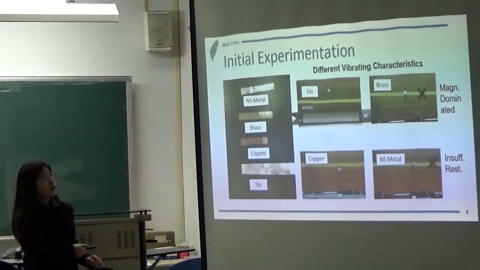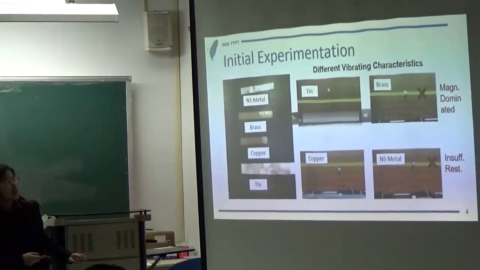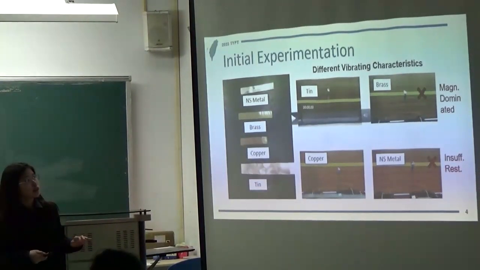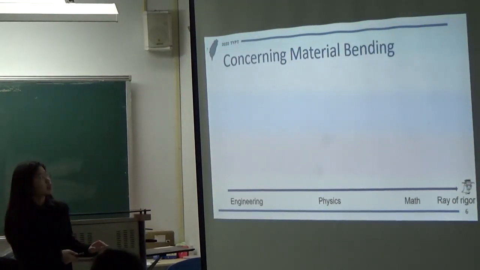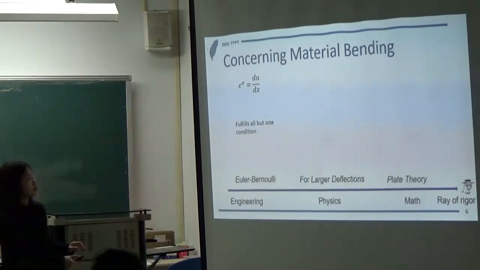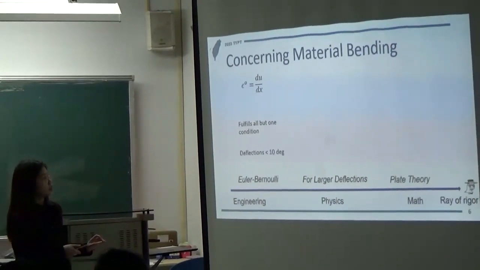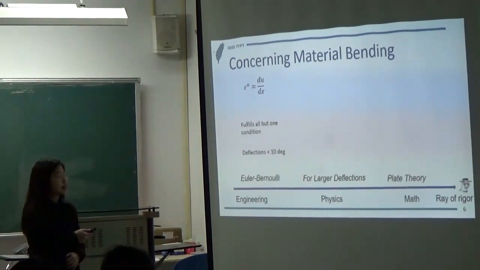Observations and preliminary analysis. We test tin and copper to investigate the different magnetic characteristics. And investigating material bending, there are three possible approaches. First is Euler-Bernoulli, which fulfills all but one condition: deflection should be beneath 10 degrees.